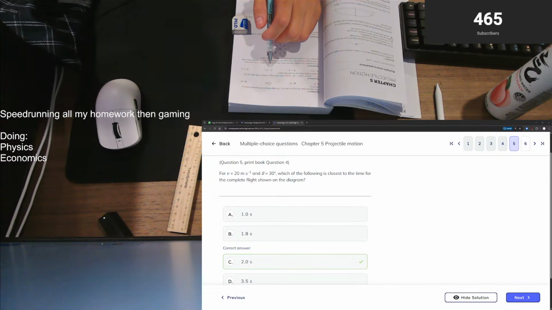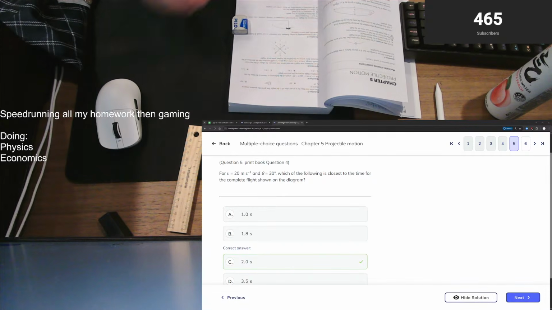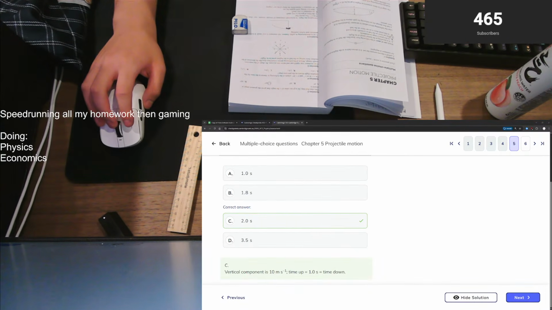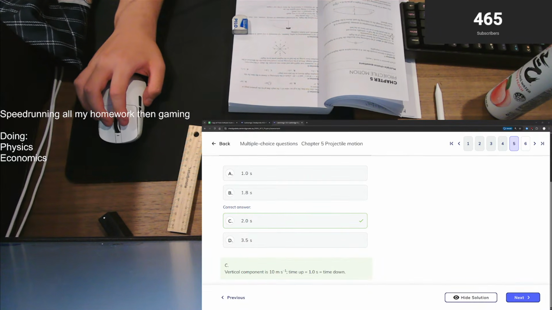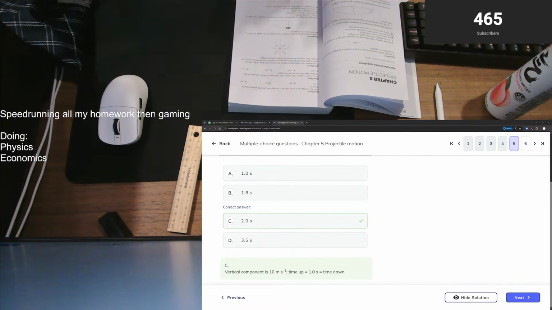Why is it 2? Vertical component is 10 meters per second. How do I know the vertical component? Oh, wait.